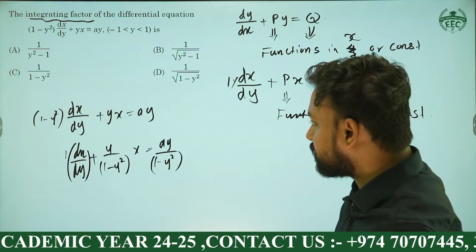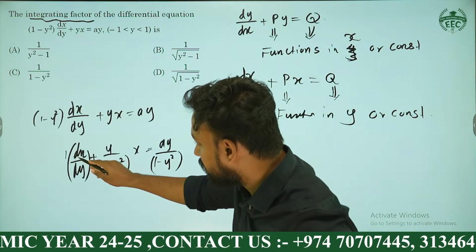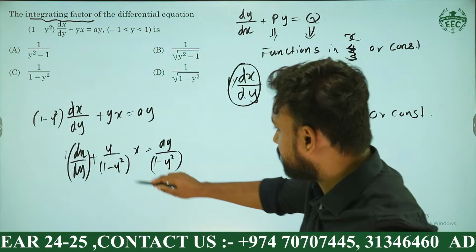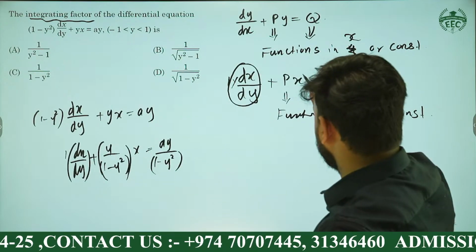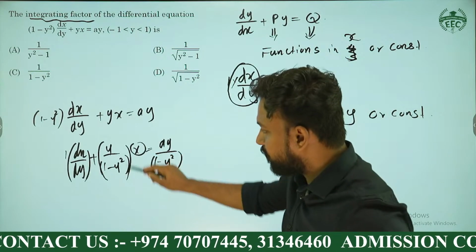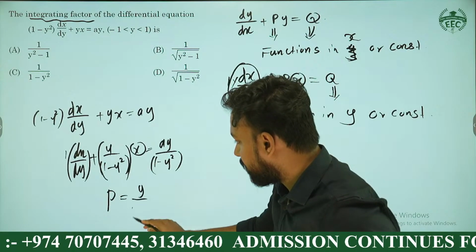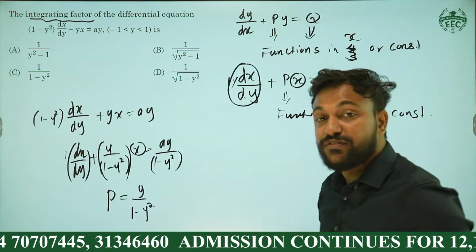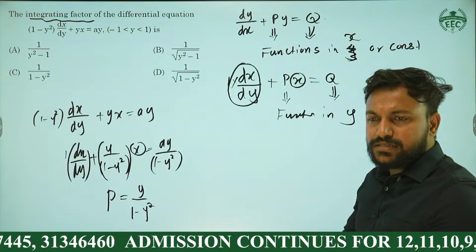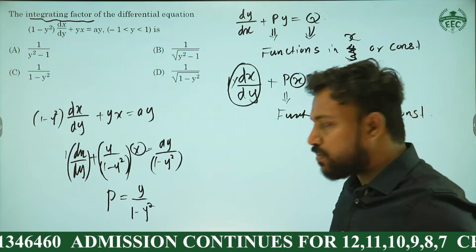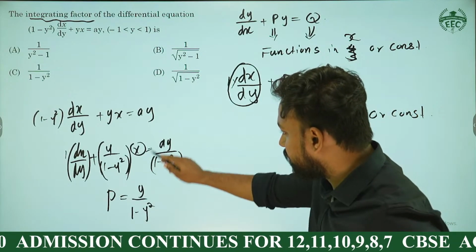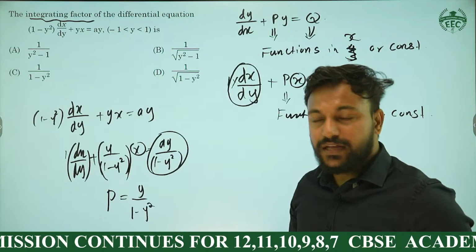So in that case you can see here it is 1 into dx/dy, and here a term multiplied with x, then it is our P, a function in y. It may be a constant like 3 or 4, that is also applicable, and this is our Q. Ready?